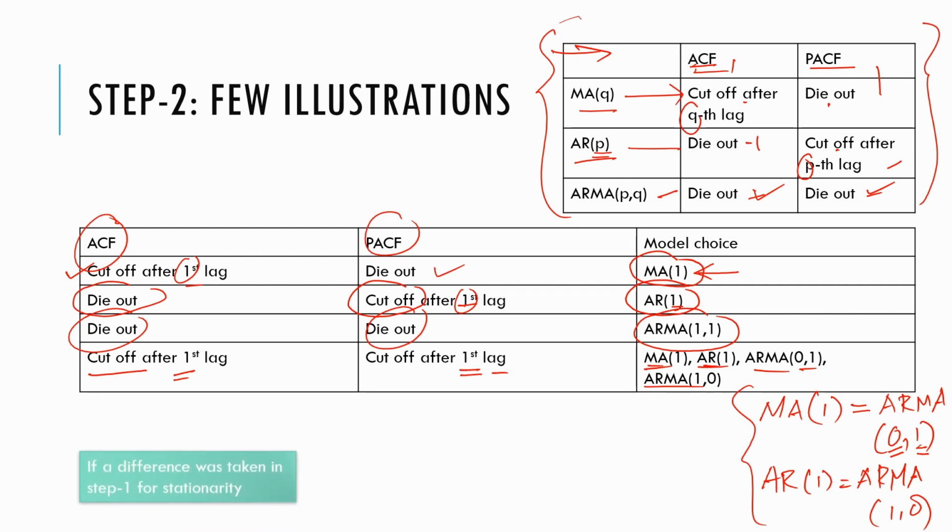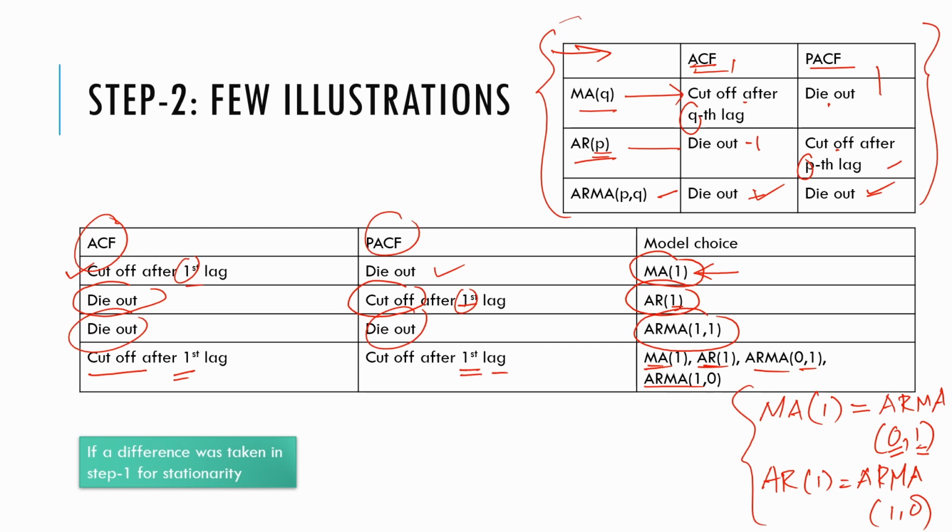And what next? Suppose a difference was taken in step 1. So remember, you are performing step 2 here. Step 1 was there before step 2, where you were checking stationarity, and you perhaps did some differencing.